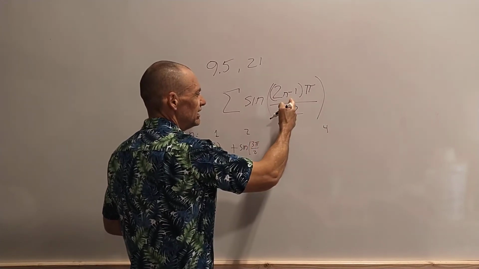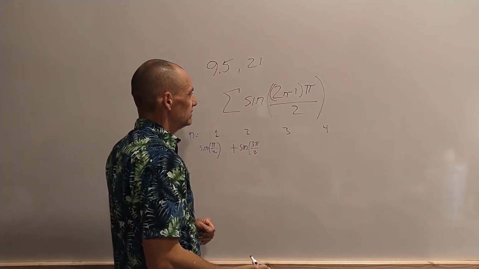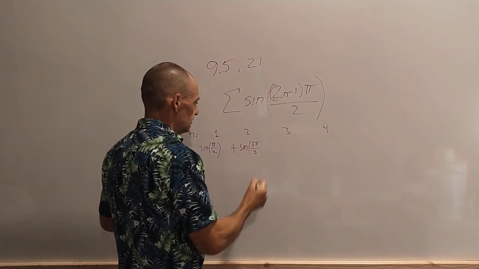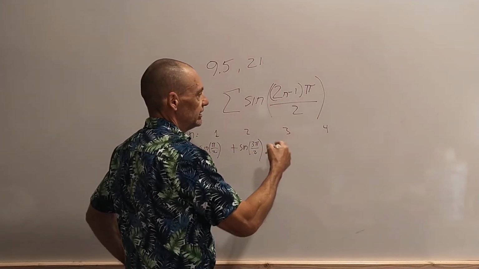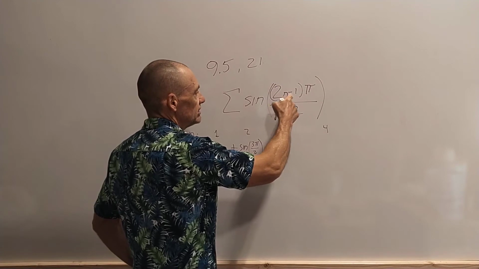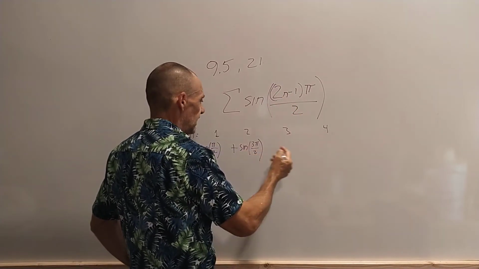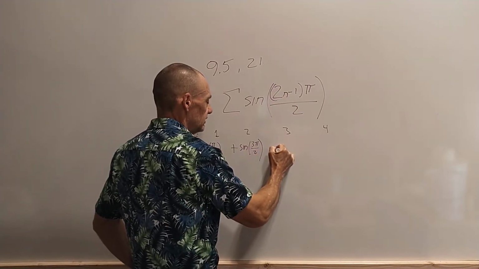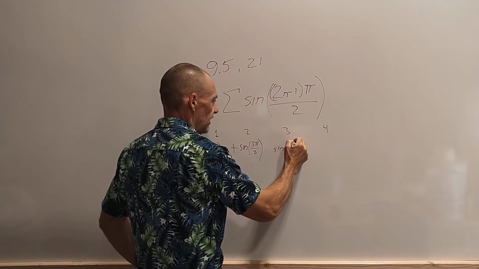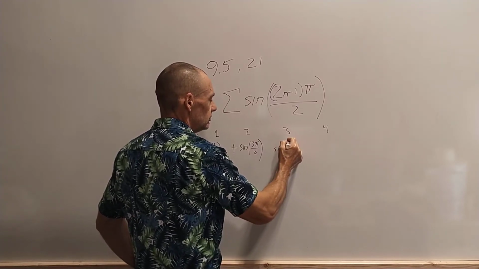Wait a minute, isn't this the formula for an odd number? Yes, this is the formula for an odd number. Let's try 3: 2 times 3 is 6, minus 1 is 5. Yeah, we're going to get the odd numbers here: sine 5 pi over 2.